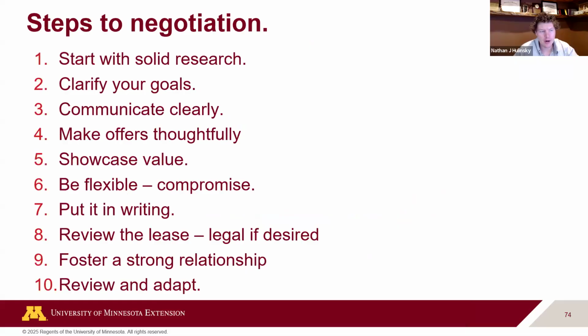Kind of wrapping up here, but these are steps to negotiation, starting with solid research, right? Everybody on the call today is doing this solid research. The handout that I provided, my slides at the beginning, had a lot of these accurate numbers for county average land rents. Clarify your goals.